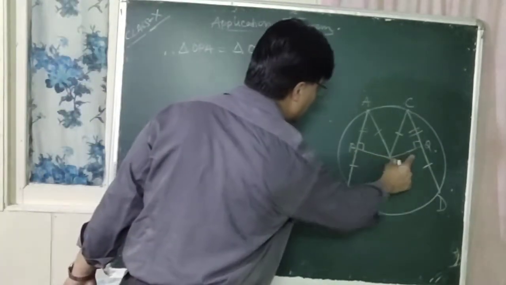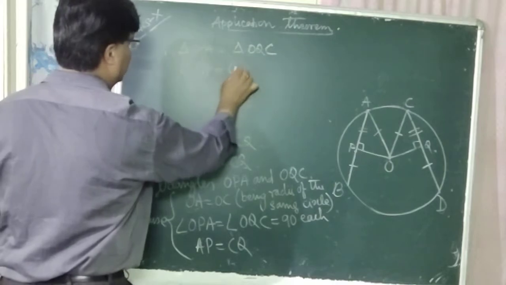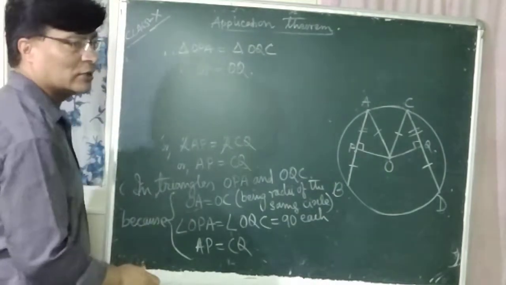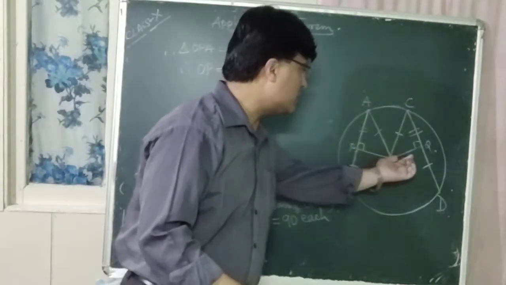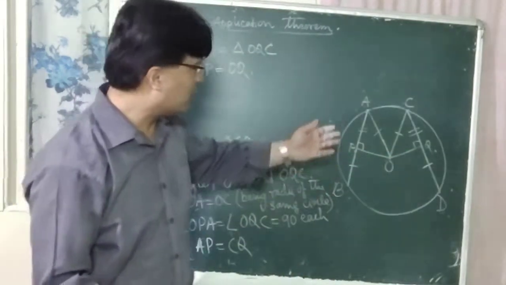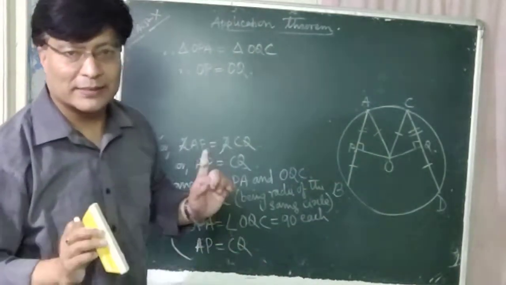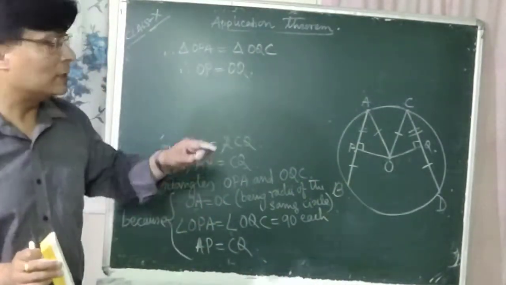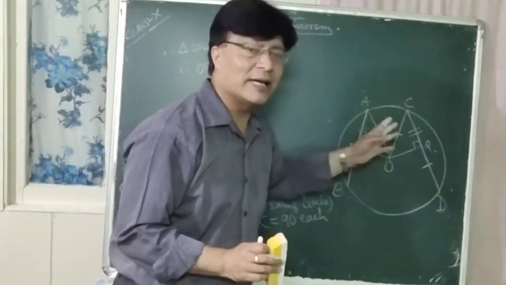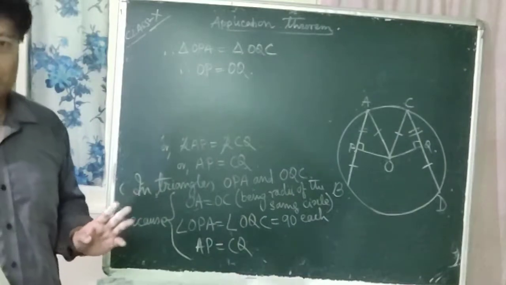That means you can write OP is equal to OQ. Actually, these are the two perpendicular distances of the two chords AB and CD from the center O. That means we have proved that two equal chords are always equidistant from the center of the circle.